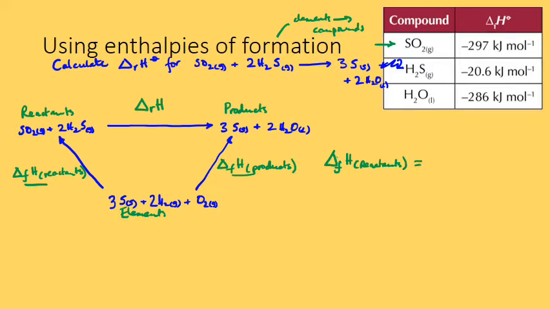Okay, so we're going to write our minus 297 here first, and so now we've made our 1 mole of sulfur dioxide. But we also need to make 2 moles of hydrogen sulfide. So we're going to look at hydrogen sulfide, which is the middle row of the column. And to make 1 mole of hydrogen sulfide is going to give out minus 20.6, but we've got 2 of them, so we have to multiply that by 2.